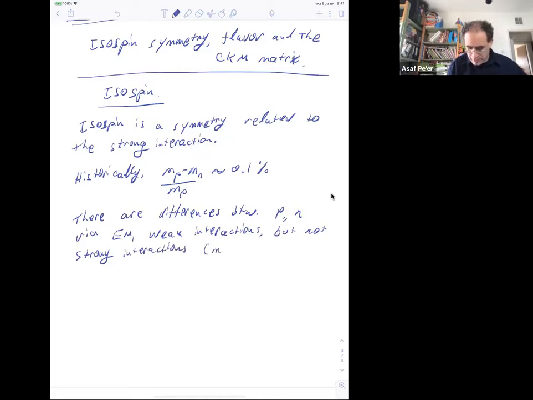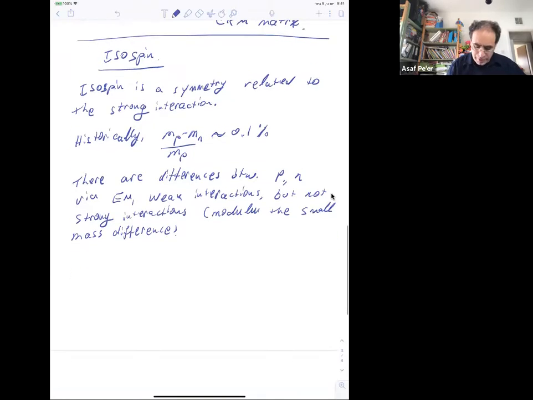Right, modulo the mass, modulo the small mass difference. Which means that the symmetry is only an approximation.